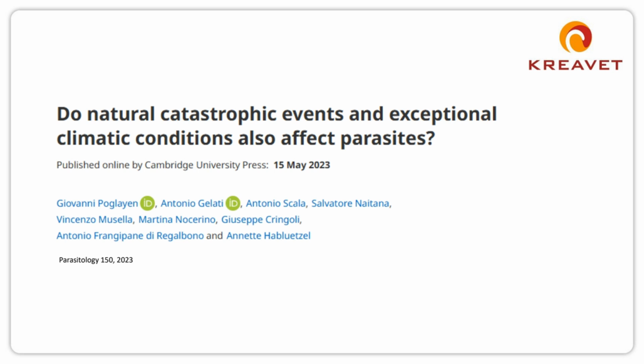Are these also affecting parasites? Probably they are, but again, it's even more complex than just a gradual increase in temperature, and even more difficult to model. But it's clear that there are implications also for parasite infections. For instance, the link between flooding and paramphistome infections, or between flooding and liver fluke infections.